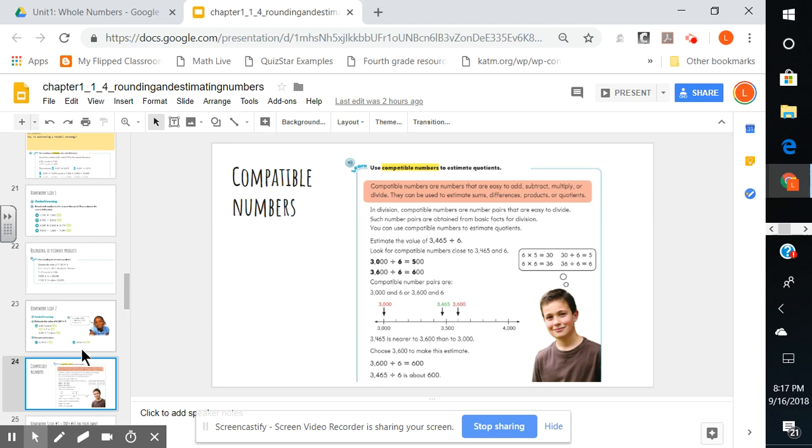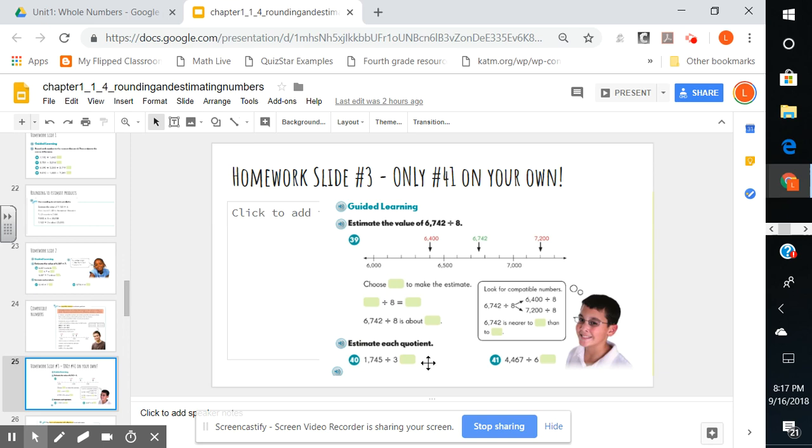So that is compatible numbers. You're going to do one problem for homework. On this slide now, just do 41 on your own. And if you want, you could try number 40 as well. Look at the first two digits and then think of 3, 6, 9, 12, 15, 18.